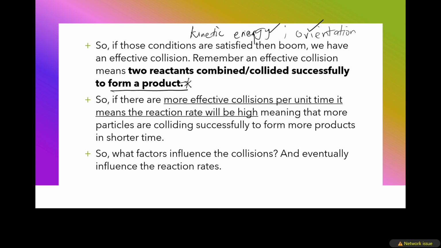So if there are more effective collisions per unit time, it means that there will be a higher reaction rate. Remember that the whole point of a chemical equation is the formation of products. So here, if there will be more effective collisions, then there will be what? There will be a higher reaction rate because there will be more products formed.